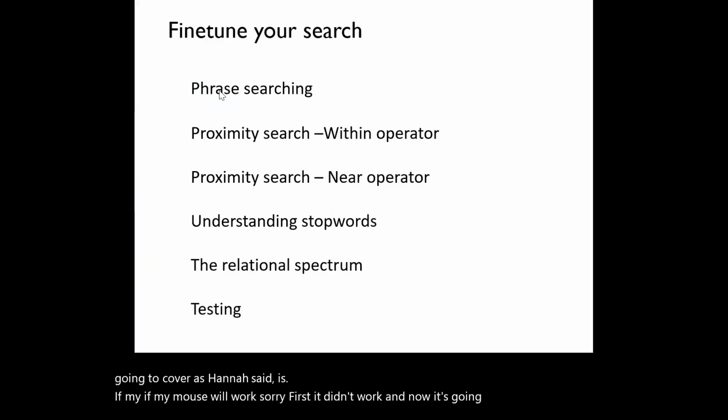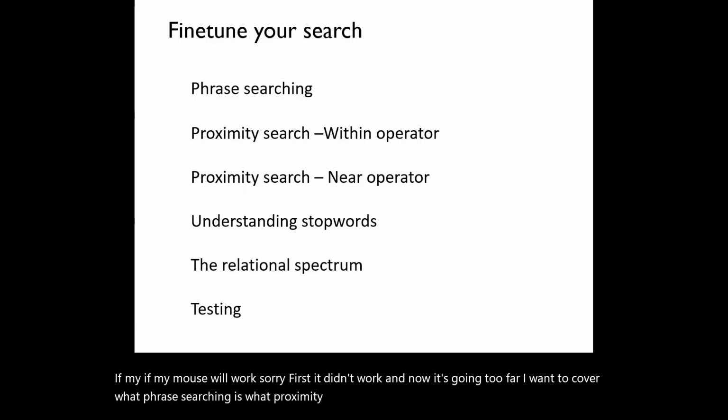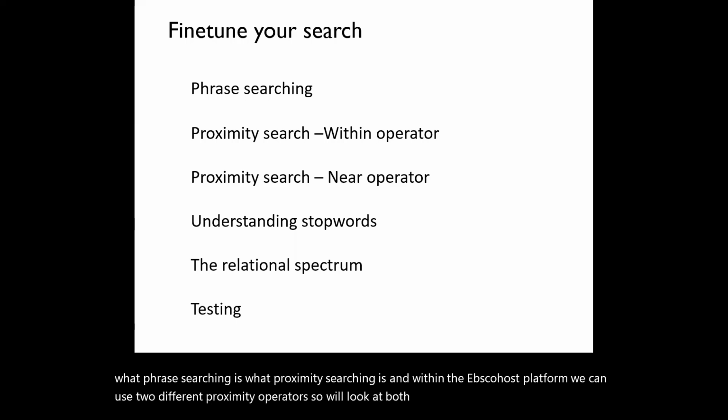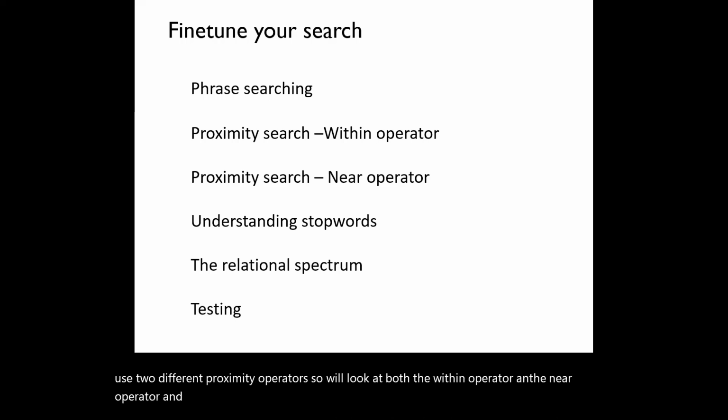I want to cover what phrase searching is, what proximity searching is, and within the EBSCOhost platform, we can use two different proximity operators. So we'll look at both the within operator and the near operator. And then we'll look at stopwords and understand how they work and how they'll affect our phrase searching and proximity searching.